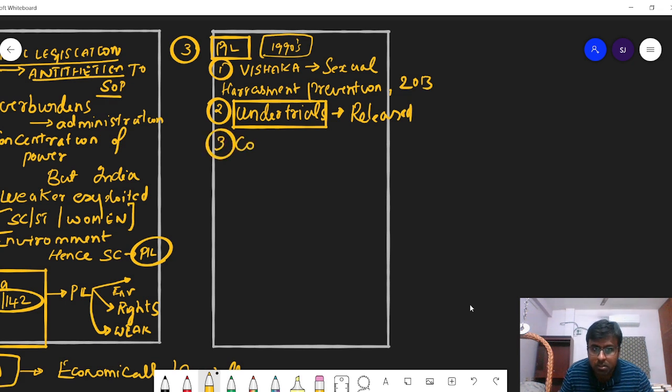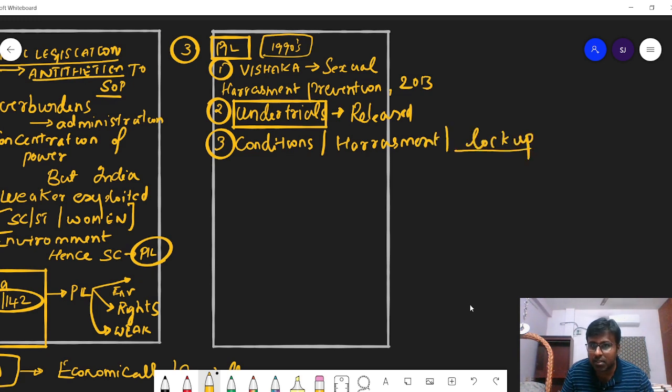So many times the conditions in jail and the harassment which happens in jail or in the lockup, so many movies you would have seen this lockup death and many other things, did happen, and the Supreme Court used the power of PIL to remove those problems.